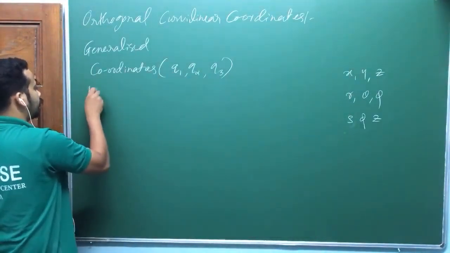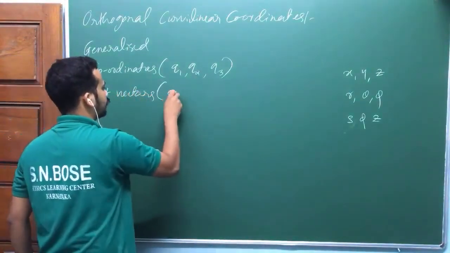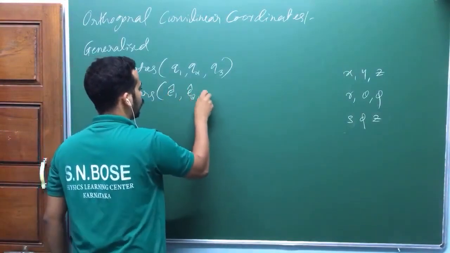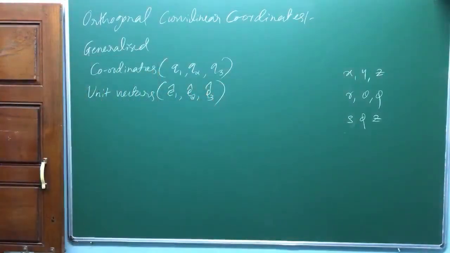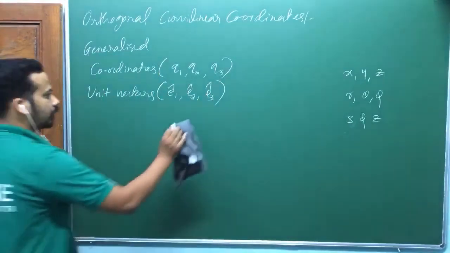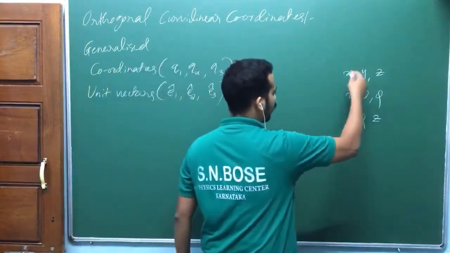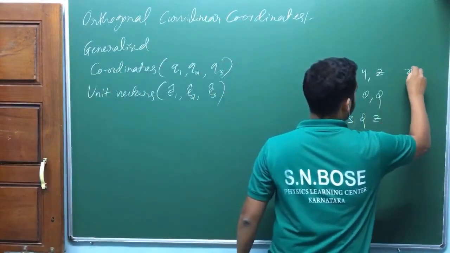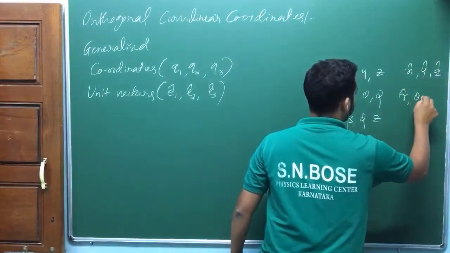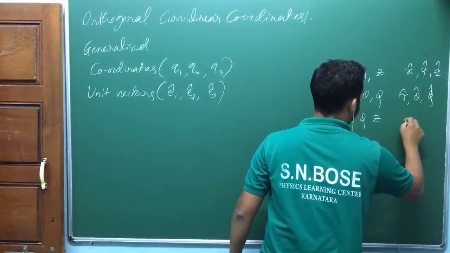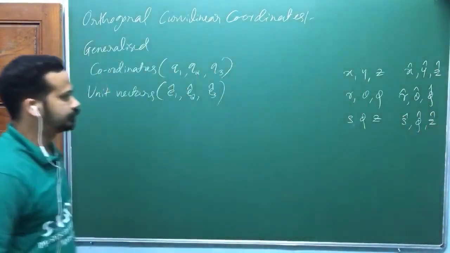Now, these are the coordinates. We can write unit vectors, E1 cap, E2 cap, and E3 cap. I call it a unit vector corresponding to the respective coordinate. Just like X cap, Y cap, Z cap; R cap, theta cap, phi cap; S cap, phi cap, Z cap.